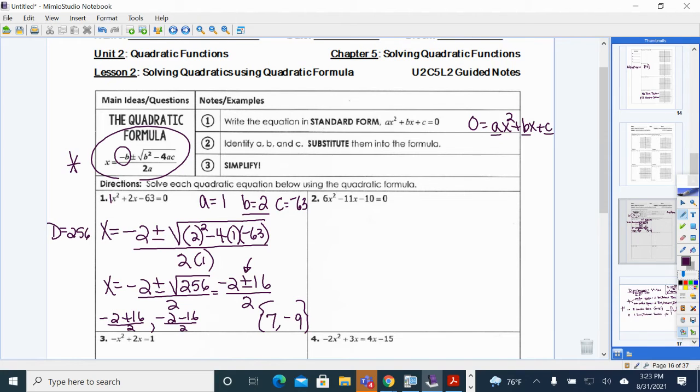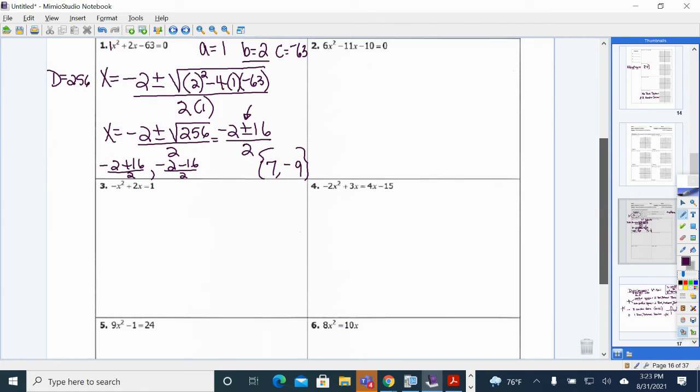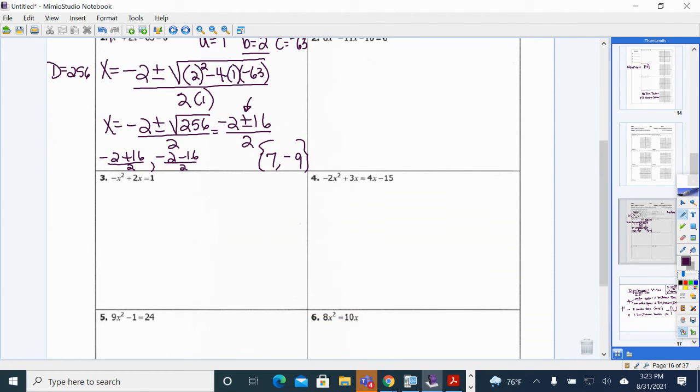Let's jump down to number 3. Looking at number 3, it says negative x squared plus 2x equals 1. So this one's not in the correct order. Remember, it has to equal 0.